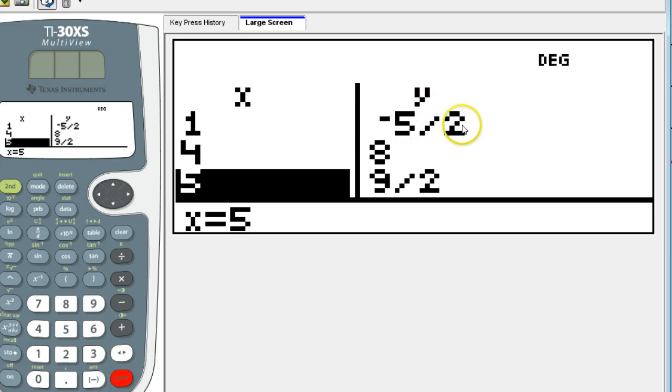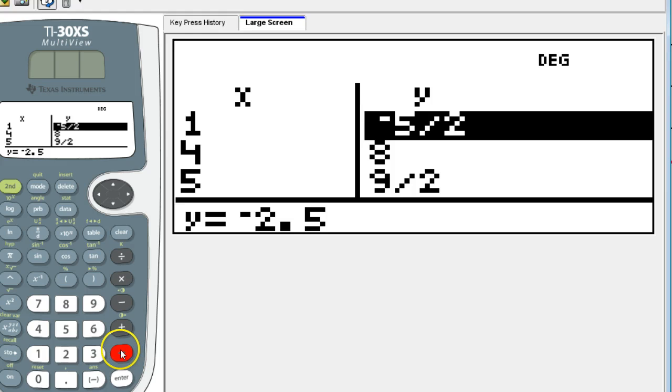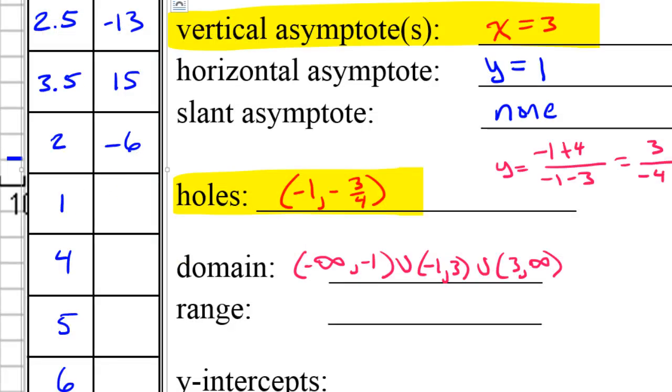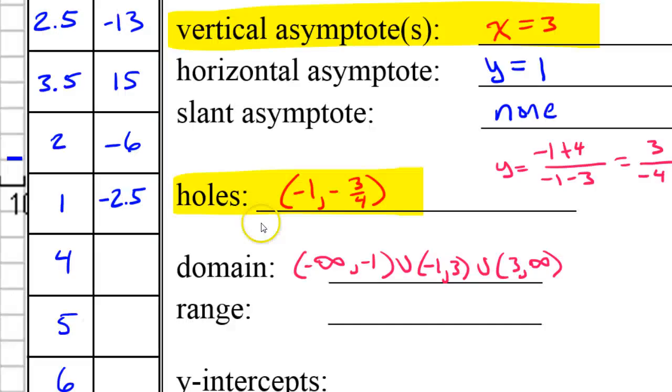That's negative 5 over 2, 8, and 9 over 2. For these purposes, decimals would be helpful. So negative 5 over 2 is negative 2.5, and then 8.